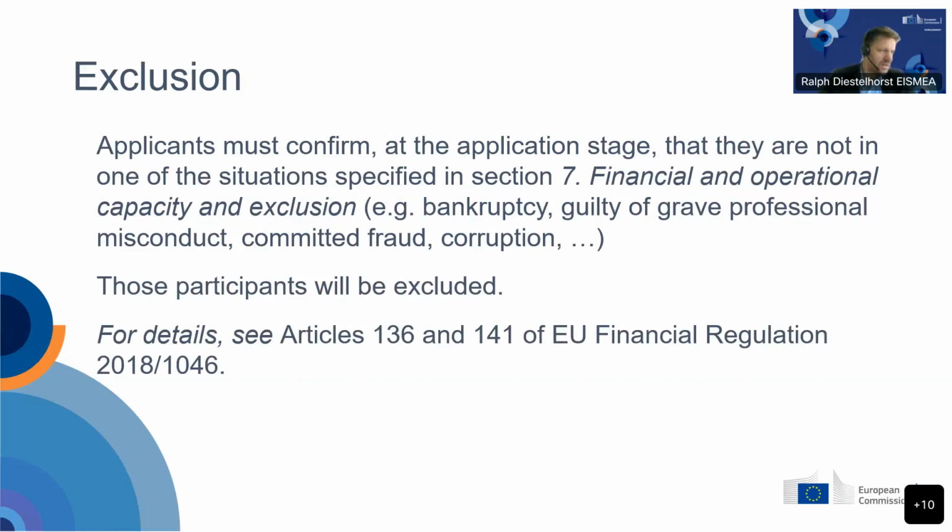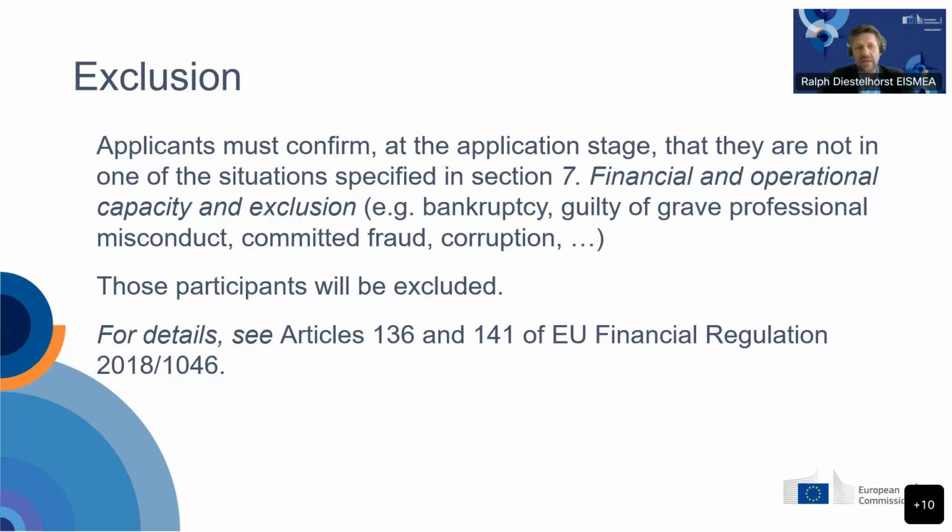And here we list a couple of them. This would be, for instance, bankruptcy, being guilty of grave professional misconduct, committed fraud, corruption, etc. Those participants are excluded or will be excluded.